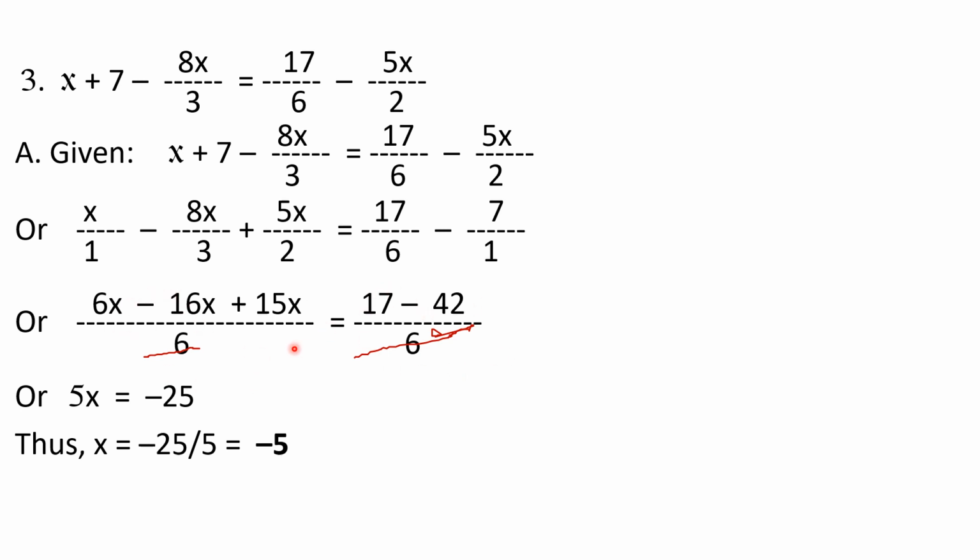So when you have it like this, then if the denominators are same, they can be cancelled out. Okay. So what we get is this numerator becomes 5x, and this numerator 17 minus 42 becomes minus 25. So x is equal to minus 25 upon 5, which gives us minus 5.